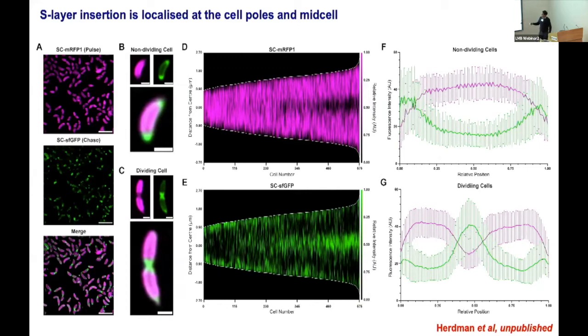In dividing cells, the new S layer is preferentially inserted at mid-cell and at the cell poles. This is a demograph of all the cells that we measured, with plots of the dividing cells versus the non-dividing cells. You can see that the new S layer is preferentially inserted at mid-cell, as shown by this representative image.